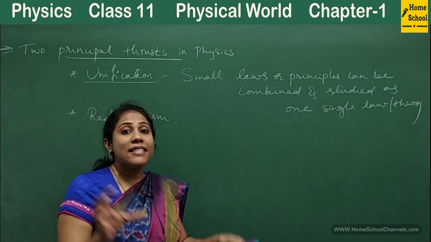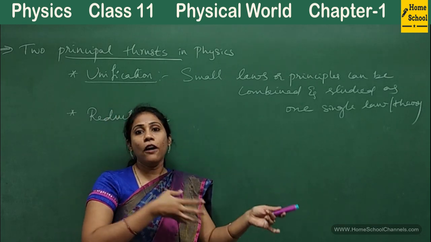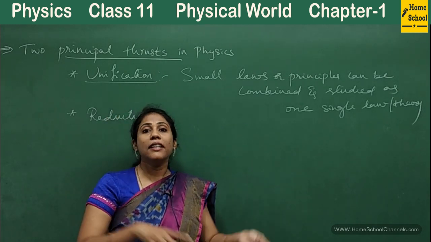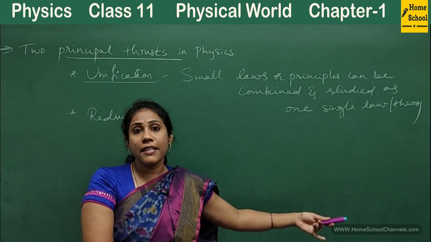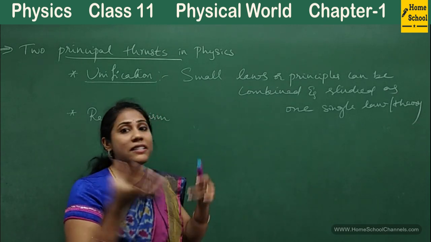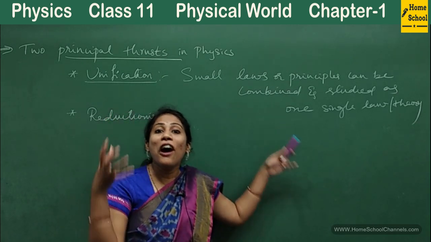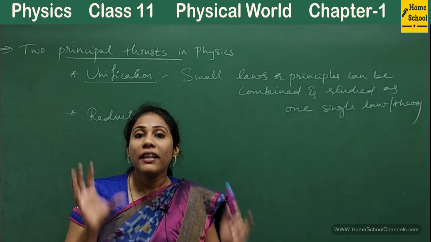So here the study of an object falling on earth, the rotation of the moon around the earth, and the rotation of the earth around the sun are all different concepts, actually different small laws, but all of them are studied together as the law of gravitation. So all of them have something connected to gravity.